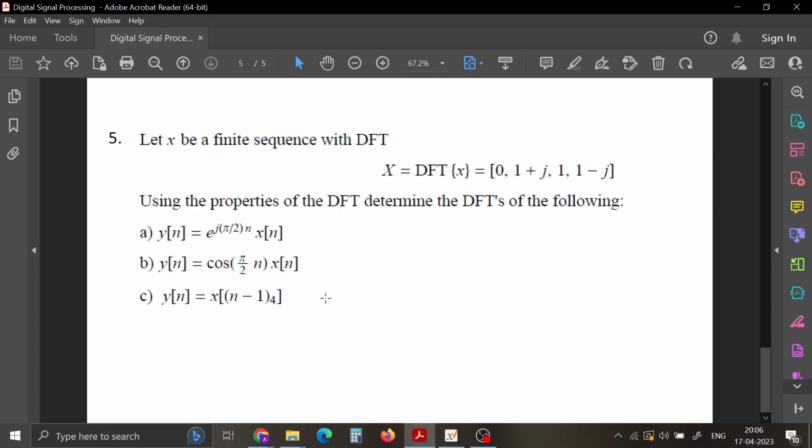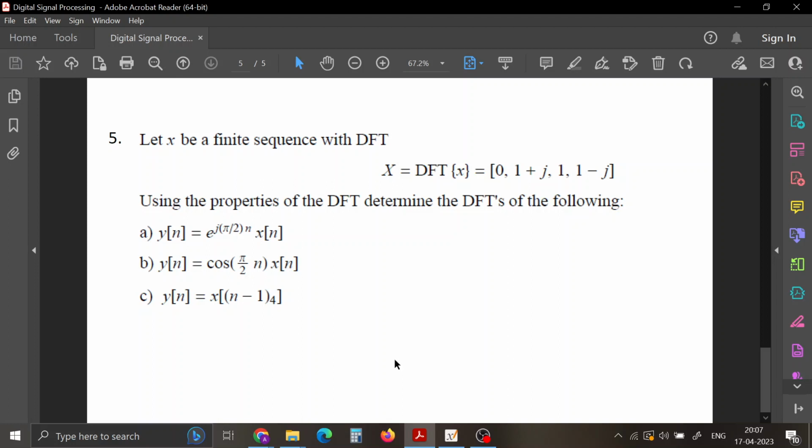So part A is done, and similarly for part B also, you see we have cos pi by 2 n multiplied with x of n. As you might have figured out already, it involves just an additional step here in part B, to express cos in terms of the exponential.